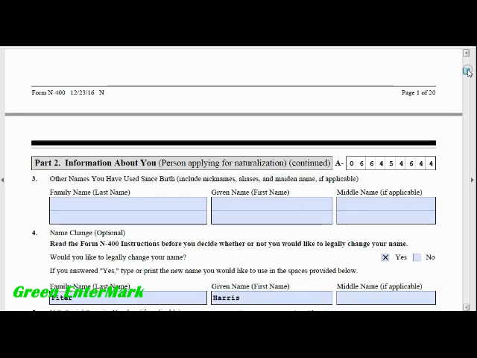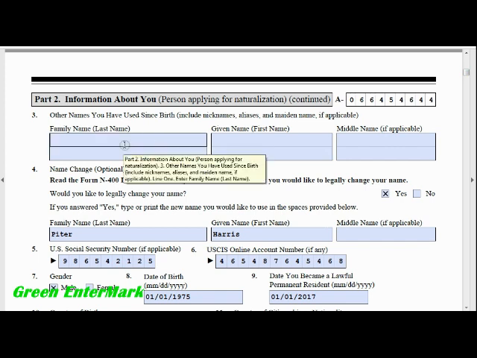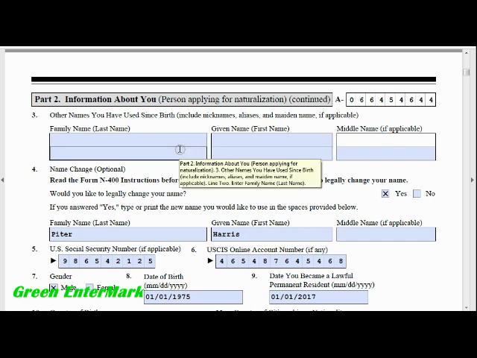And other names you have used since birth, including nickname, alias, maiden name. If applicable, you have to provide them there. It will not come on your passport or your naturalization, but you just mention it if it is in some of the documents or other things.